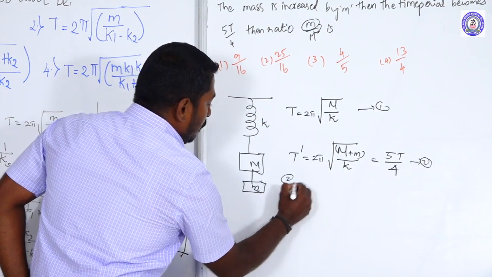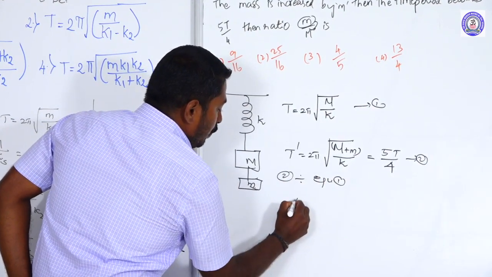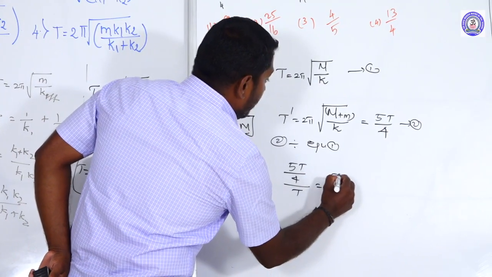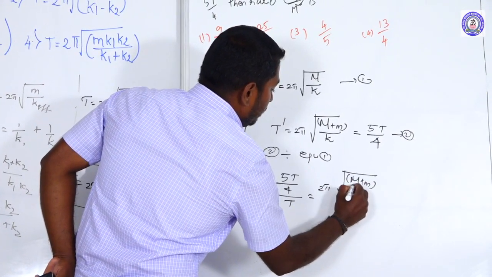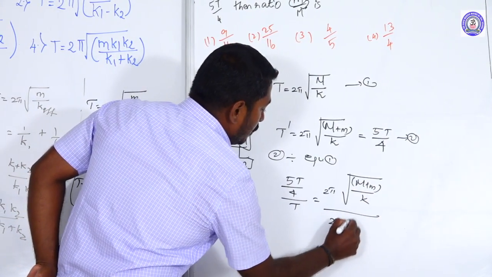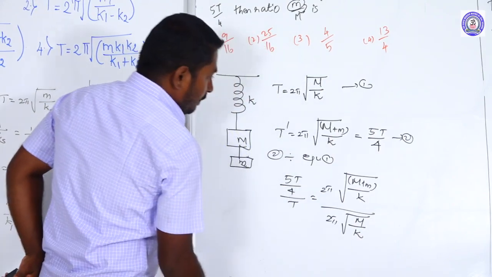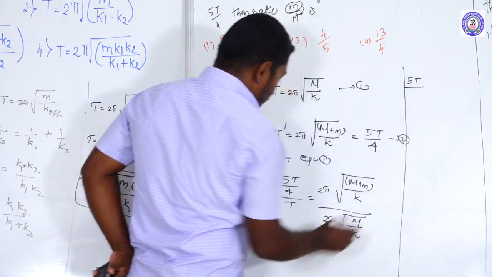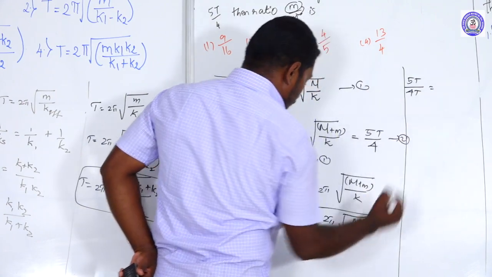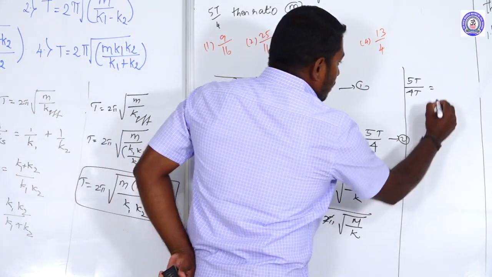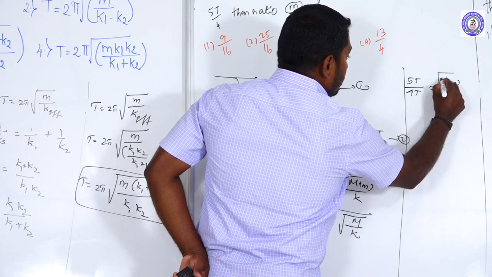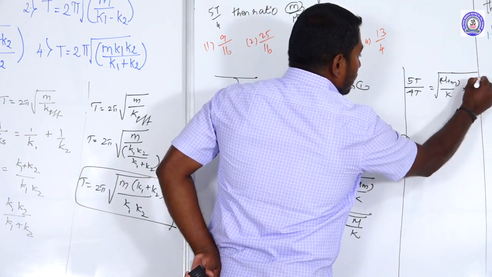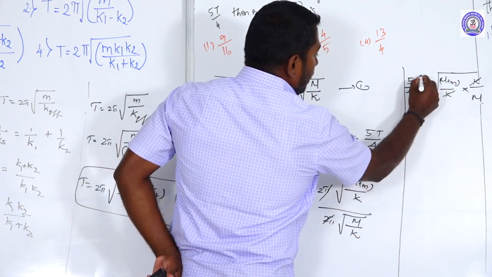So equation 2 divided by equation 1. So 5T divided by 4 divided by T is equal to 2 pi square root of capital M plus small m divided by K, divided by 2 pi square root of capital M divided by K. Then 5T divided by 4T is equal to, 2 pi gets cancelled, square root of M plus small m divided by K into K divided by capital M. K gets cancelled, T gets cancelled.